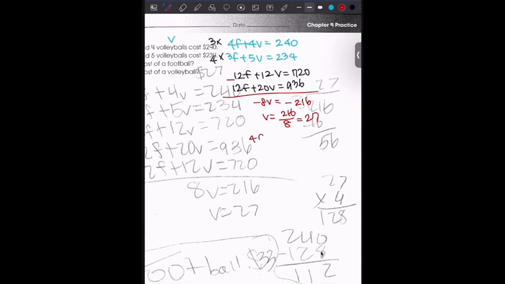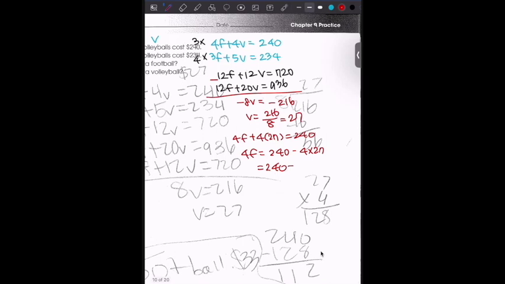So 4F plus 4 times 27 is equal to 240. So 4F is 240 minus 4 times 27. So that is 240 minus 108, and so that is going to be 132.